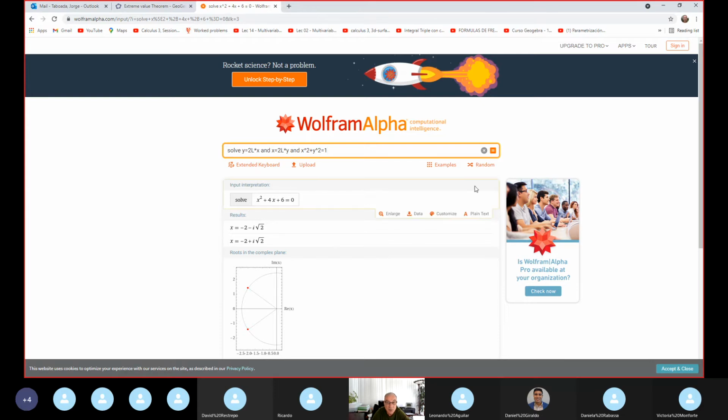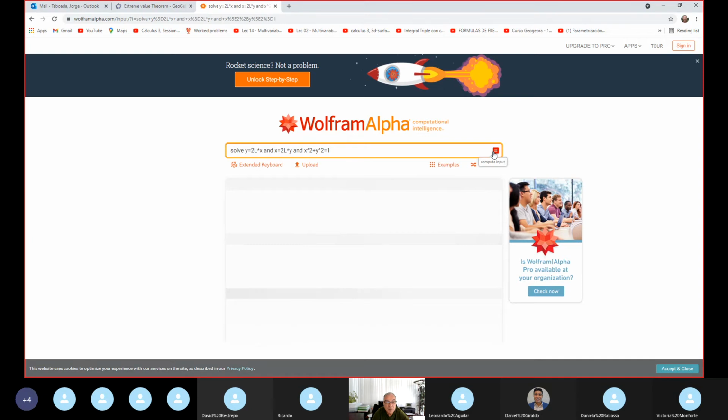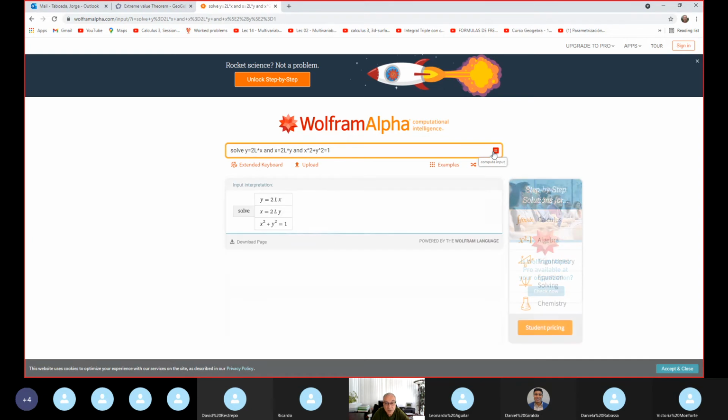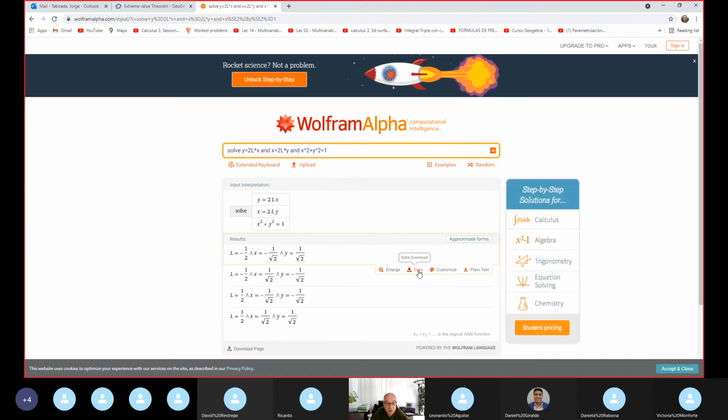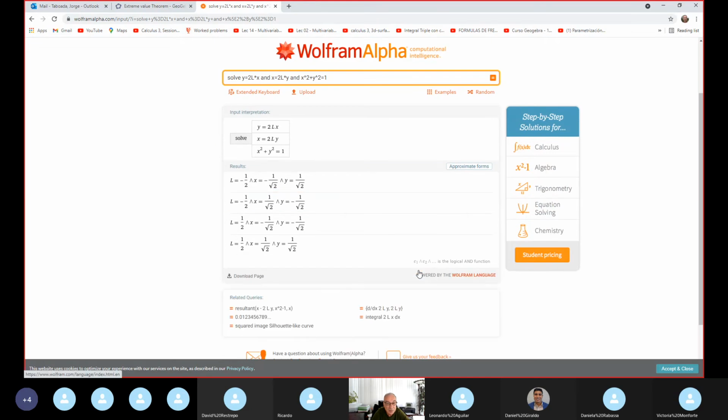I finish typing in the equations. I press this button, compute, wait some seconds depending on the calculator, and you get the values of x, y, and lambda also. The minimum lambda is equal to -1/2, and the maximum lambda is +1/2.